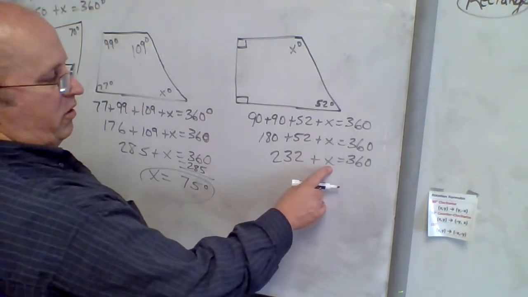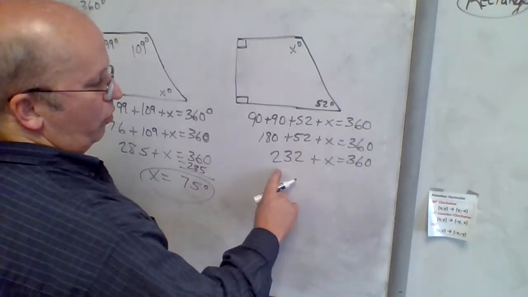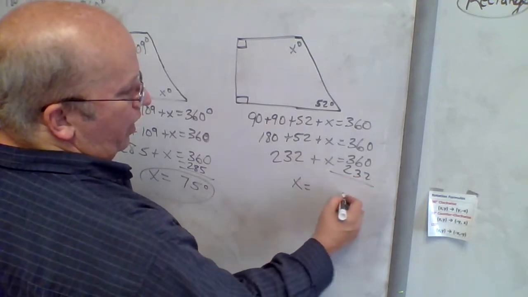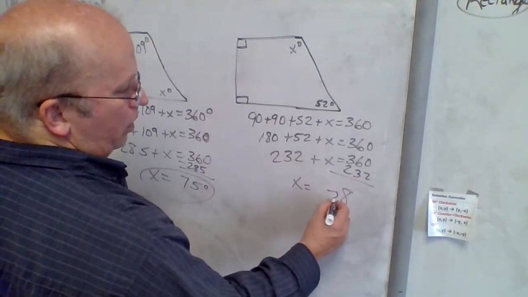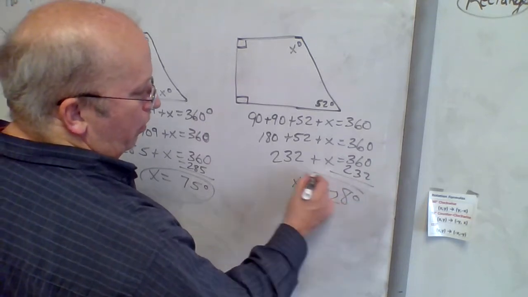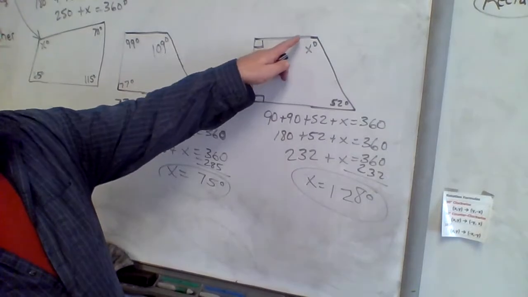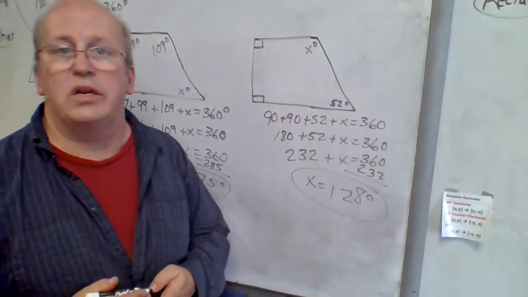And to get x by itself, we're going to have to subtract 232 from both sides of the equation. And when we do that, I get 128 degrees. So x right here would have to be 128 degrees.